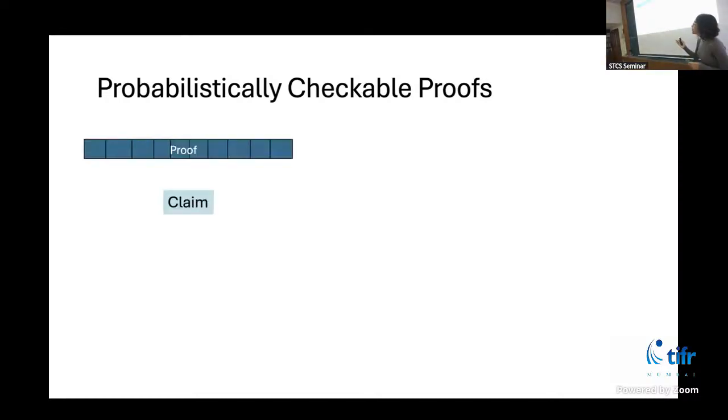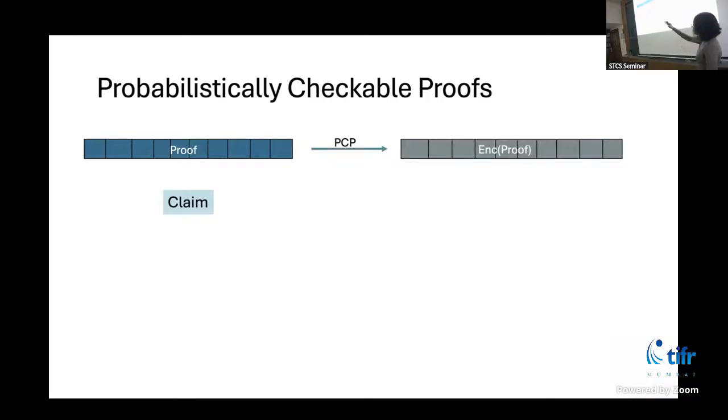Imagine that a prover tries to prove some claim to you and gives you a really long proof for it. One way you can verify this proof is to go through it line by line, and this will take time at least linear in the length of the proof because you have to read everything. Now the question is, can we do it faster? PCPs give you exactly a way to do it faster.